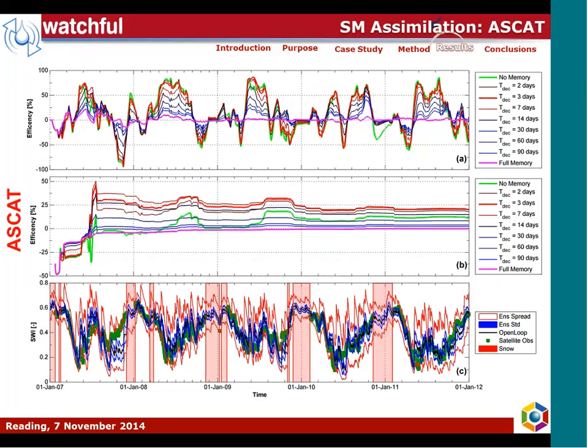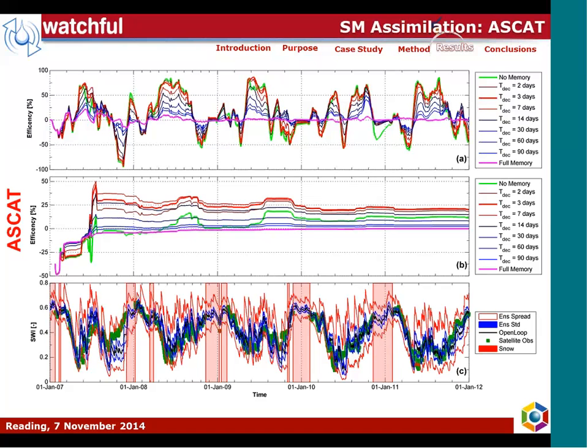So here are the results. You see different types of plots. On the top, you can see how efficiency varies over the years. In fact, efficiency just expresses what is the improvement with respect to the open loop simulation. So every positive value is an improvement, negative values are decreases in performance, and 0 just means that you don't change at all the open loop simulation.